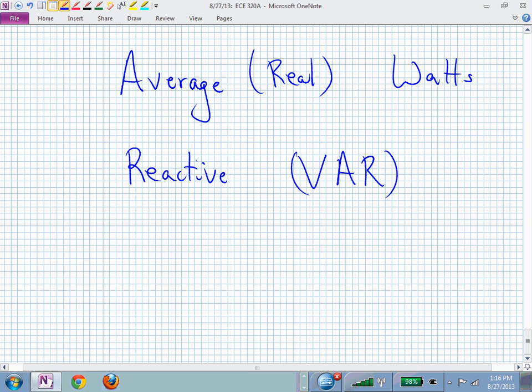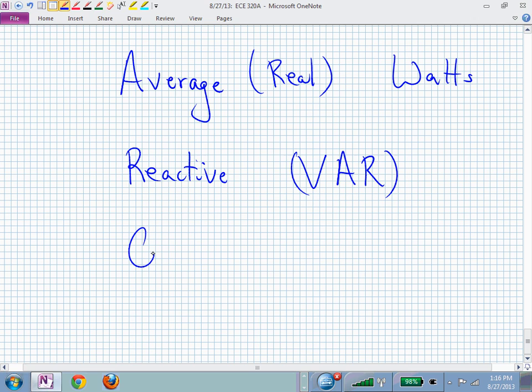And the more inductive loads you have, the more reactive power you might have. Well, the power company is not going to let you get away with that. They're going to charge you for what you're using, or what they're having to supply to you. And for that reason, we want to keep track of both of these.